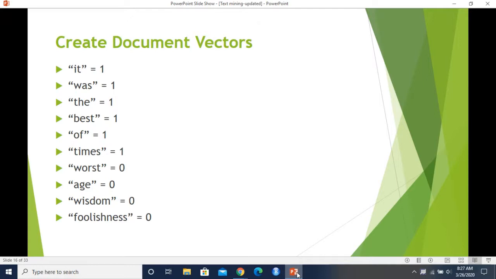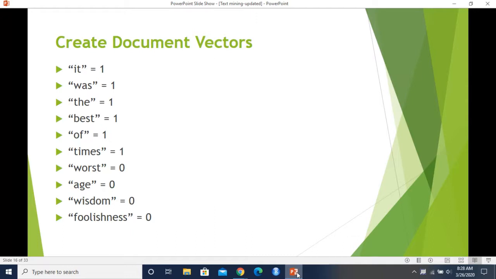Using the arbitrary ordering of words listed above in our vocabulary, we can step through the first document, "It was the best of times," and convert it into a binary vector. The scoring of the document would look as follows.